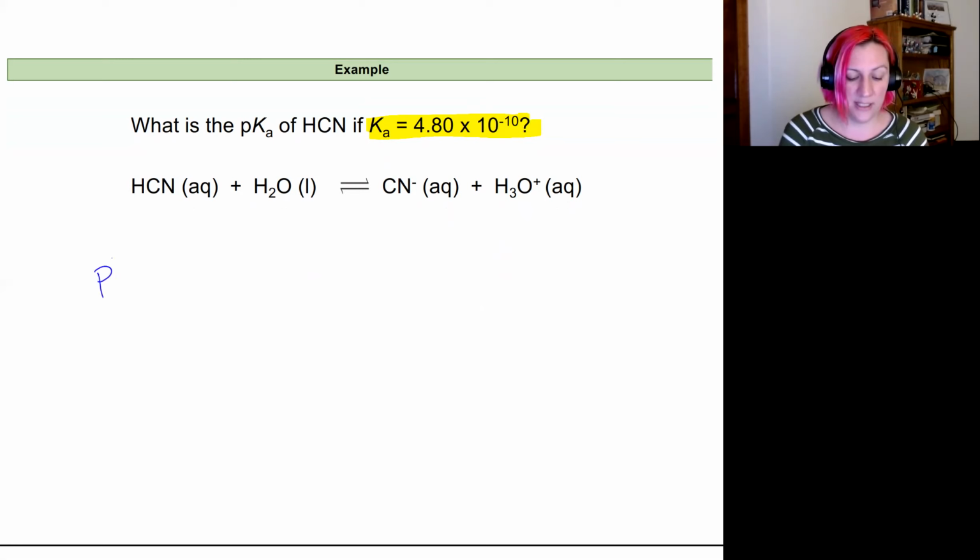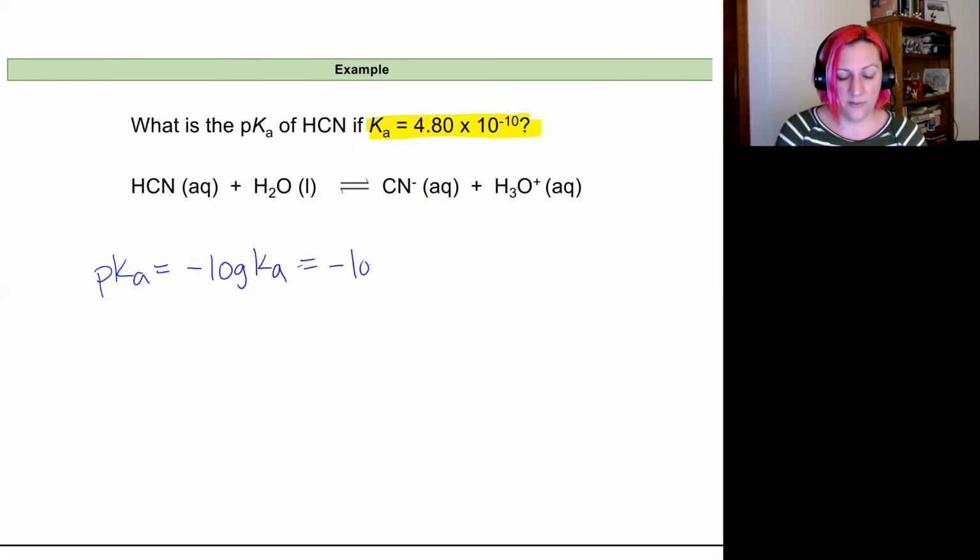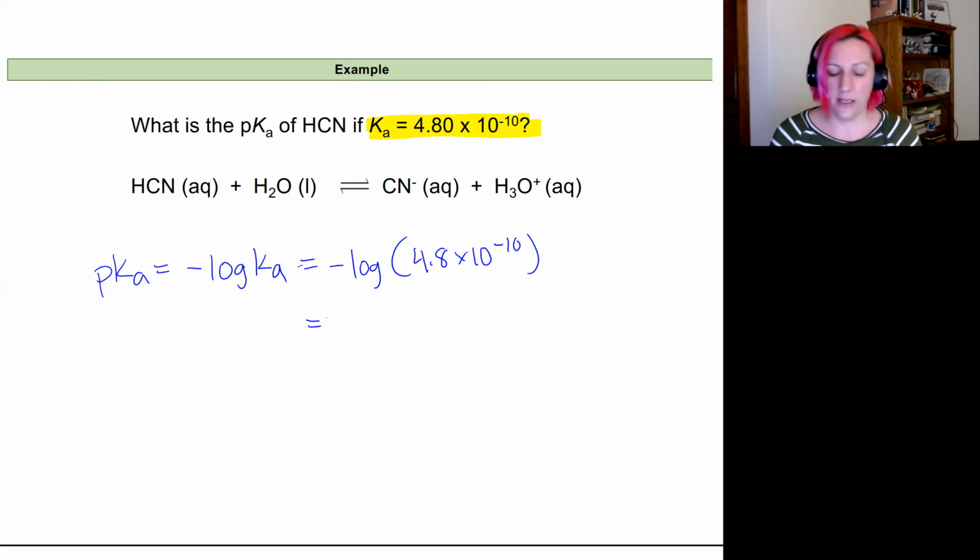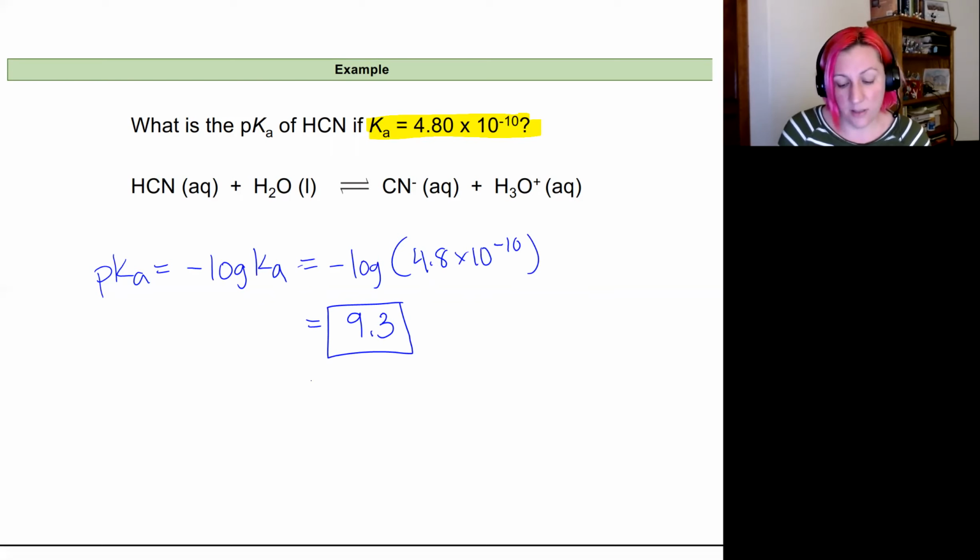Remember, pKa is just the negative log of the Ka value. So this will be the negative log of 4.8 times 10 to the negative 10. I plug that into my calculator and I get a value of 9.3. So that's pretty big compared to something like negative 9, right? And so this tells me it's a very weak acid.